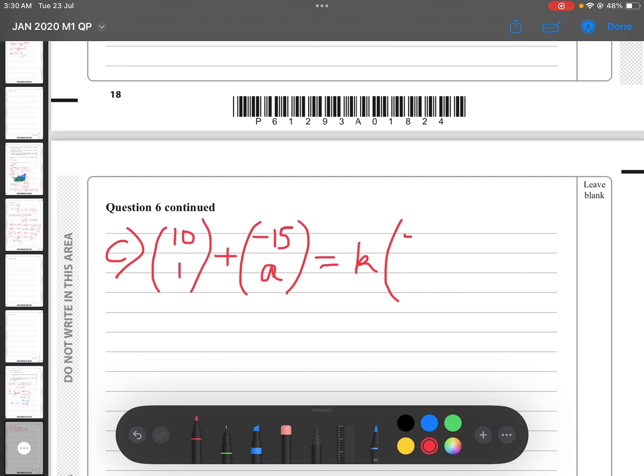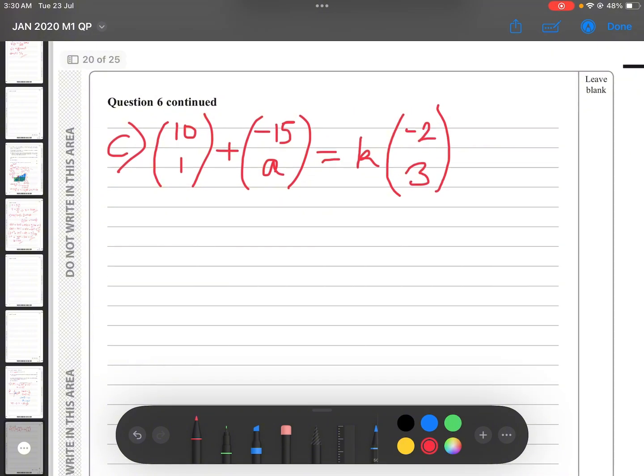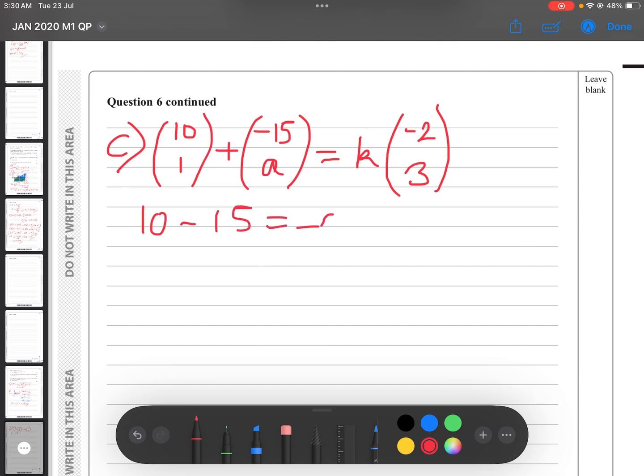Instead of 2, it's going to be minus 2. Instead of minus 3, it's going to be 3. Simplifying this, we can come out to an answer. Writing all i terms together, 10 minus 15 is going to be equal to minus 2k. Simplifying this, we can get k equals to 5 by 2.